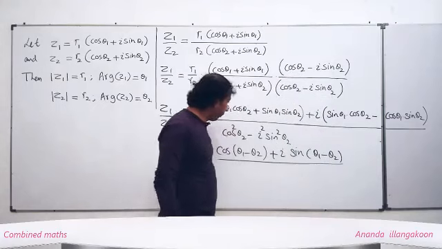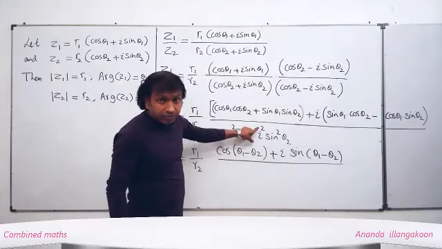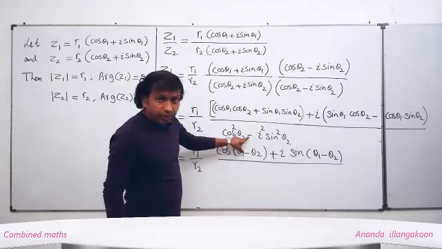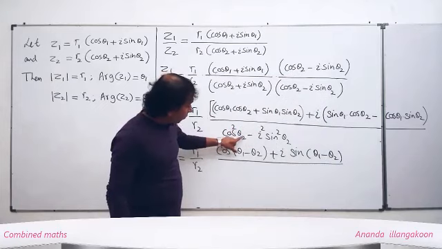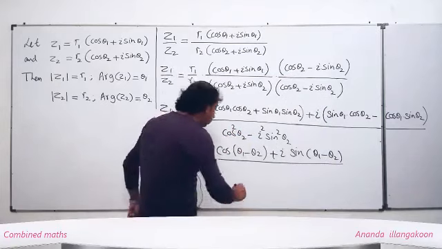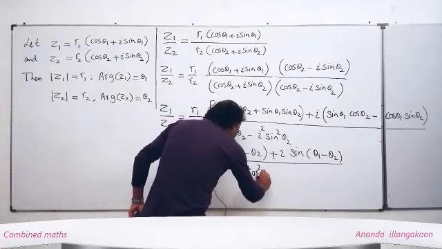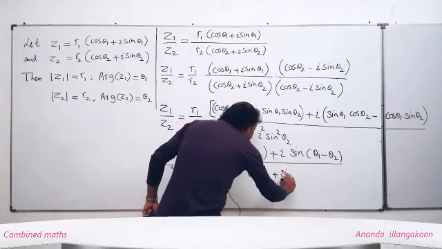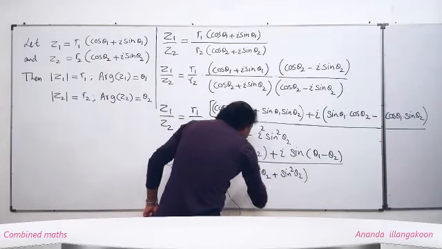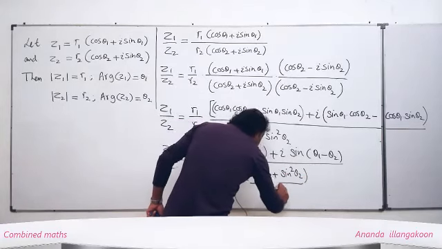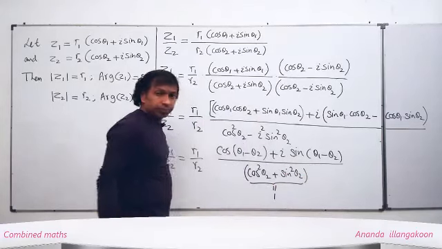Divided by, here people, I squared is minus 1. That minus and this minus make plus. Then here we have cos squared theta 2 plus sin squared theta 2. It is 1, no? This is 1. Right.